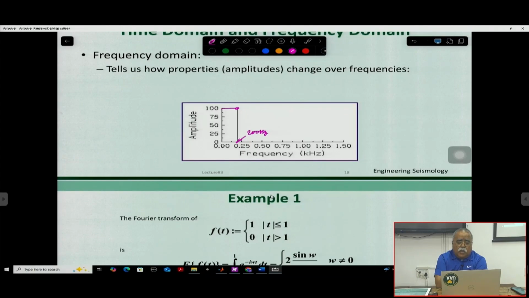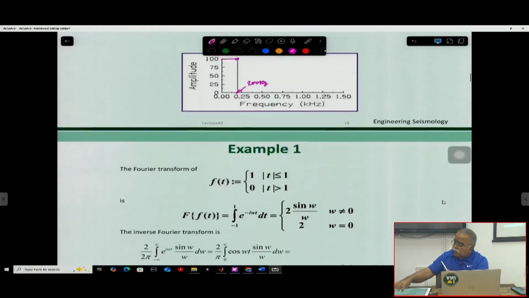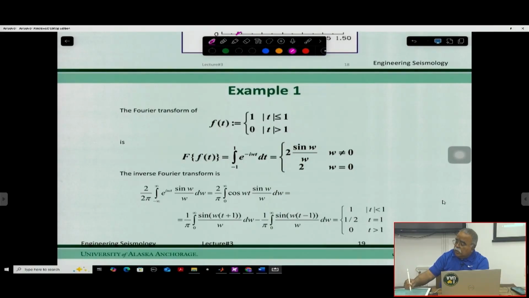So for any function, you can take e to the power i omega t, and then you can compute the Fourier transform of it. So if you use a function which is 1 for t less than or equal to 1, and t greater than 1 is all 0, then the function looks this way.